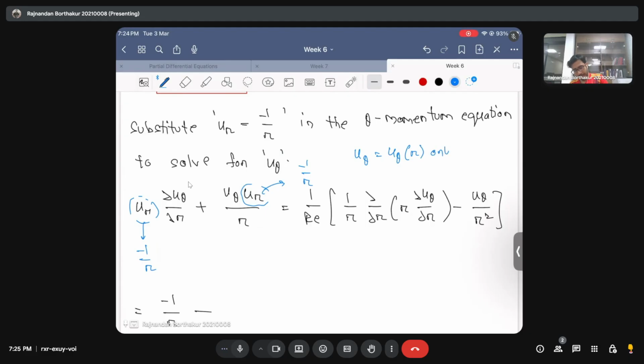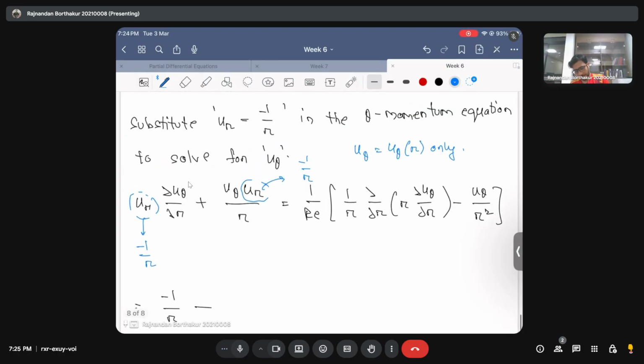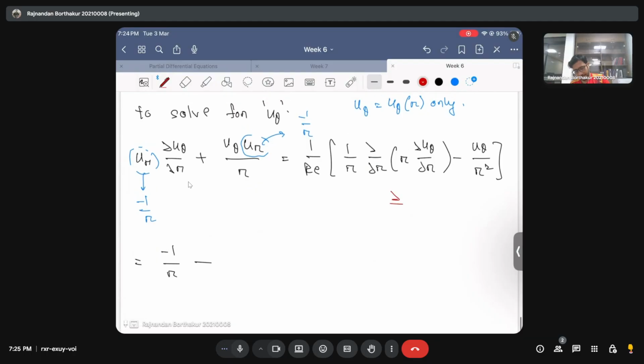Which means I can then replace all the partial derivatives with total derivatives, which means I can replace del r with d/dr as a consequence. So this becomes d of u theta by dr minus u theta by r squared. That is something that you get.